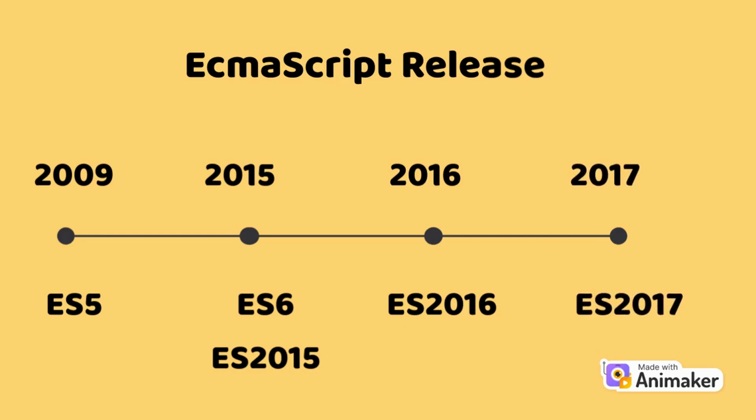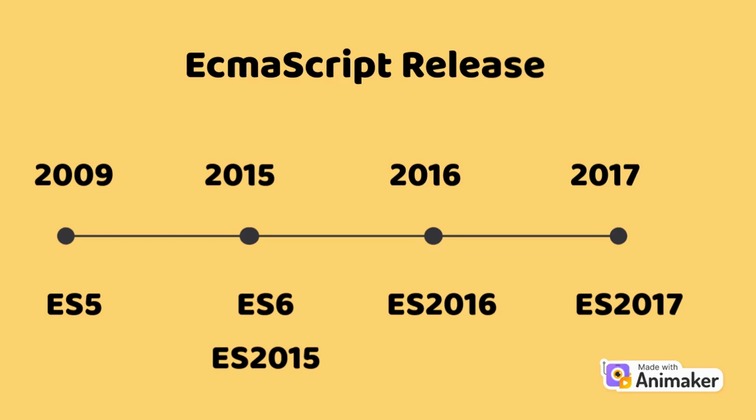Just adding a small number of features every year is better than shipping a lot of changes after a couple of years. It's going to be much easier for everyone to keep up to date. So there are no ES7 or ES8. It's now called EcmaScript suffixed by year, for example, EcmaScript 2022. So the year will be suffixed after the word EcmaScript.